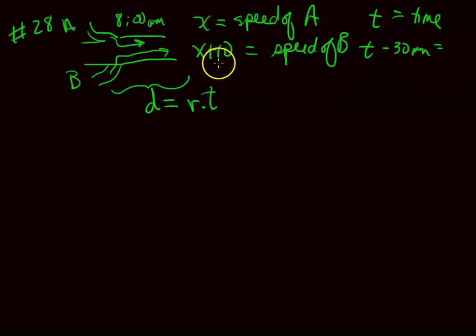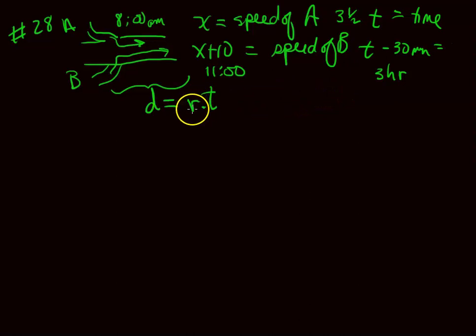So let's see. When did they arrive? The first car arrived at 11. So it took B from 8 to 11, or 3 hours. And it took A 30 minutes longer, 3.5 hours.